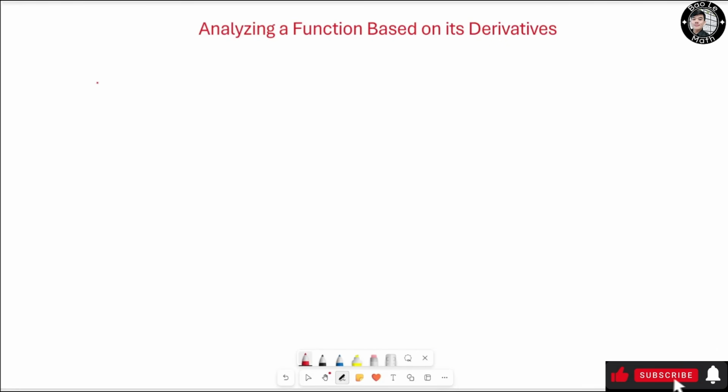For example, the question wants you to determine if the function is increasing or decreasing on the interval a and b. You need to say the function f of s is increasing on the interval a and b because f prime of s is greater than 0. The function f of s is decreasing on the interval a and b because f prime of s is less than 0.